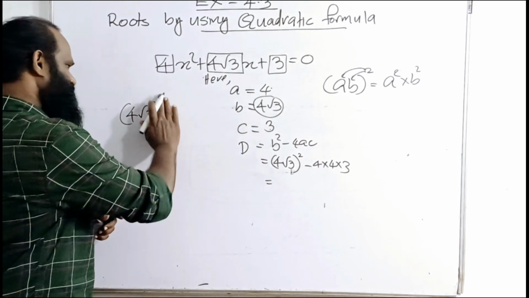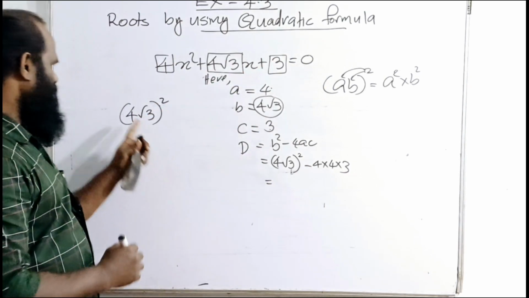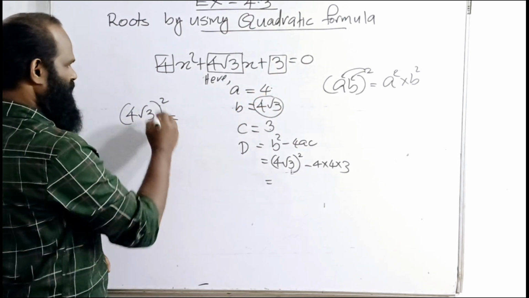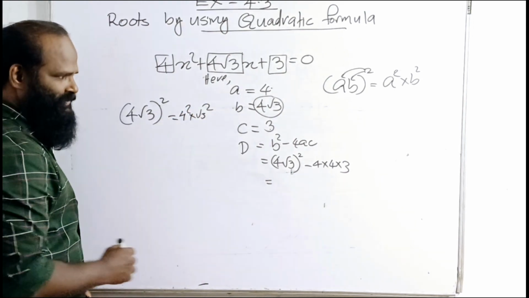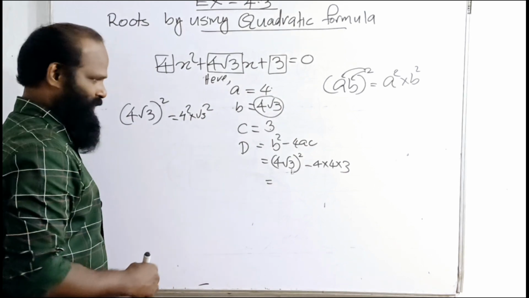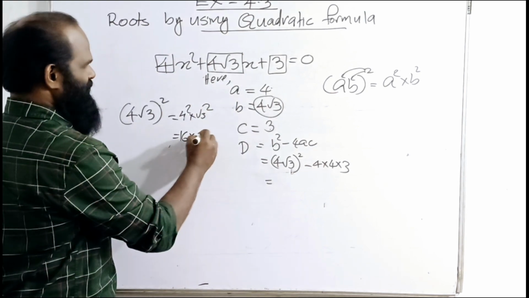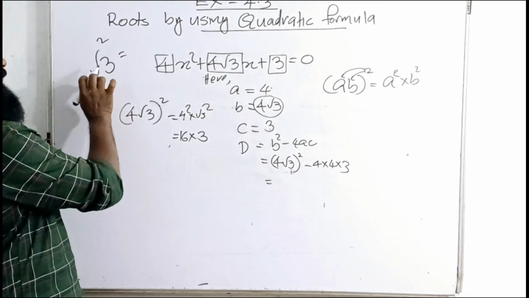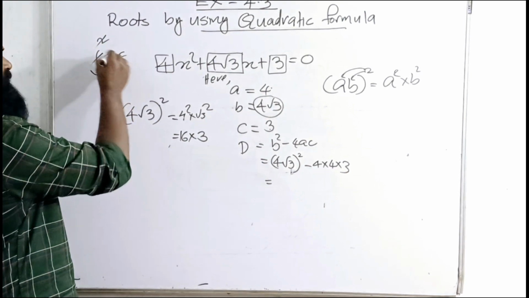Therefore 4 root 3 square is 4 square into root 3 square. 4 square is 16, into root 3 square is 3. When a number of this kind is squared, the radical sign is cancelled with the square. The answer is simply 3.